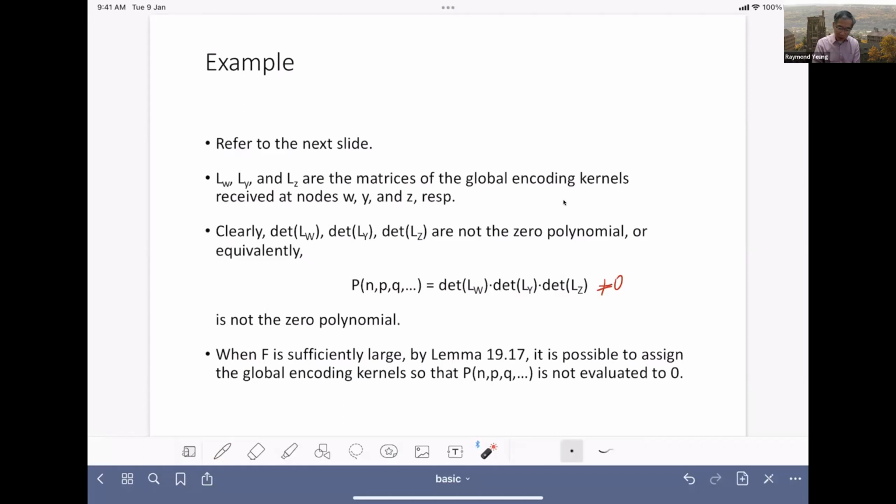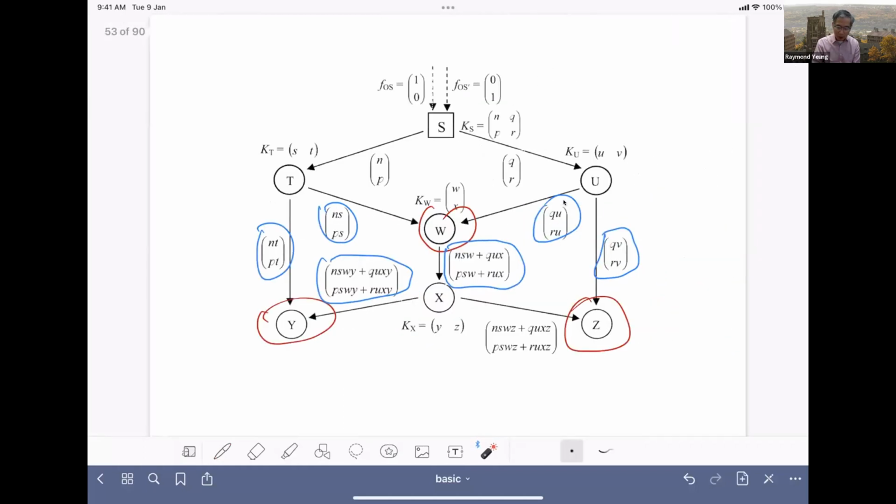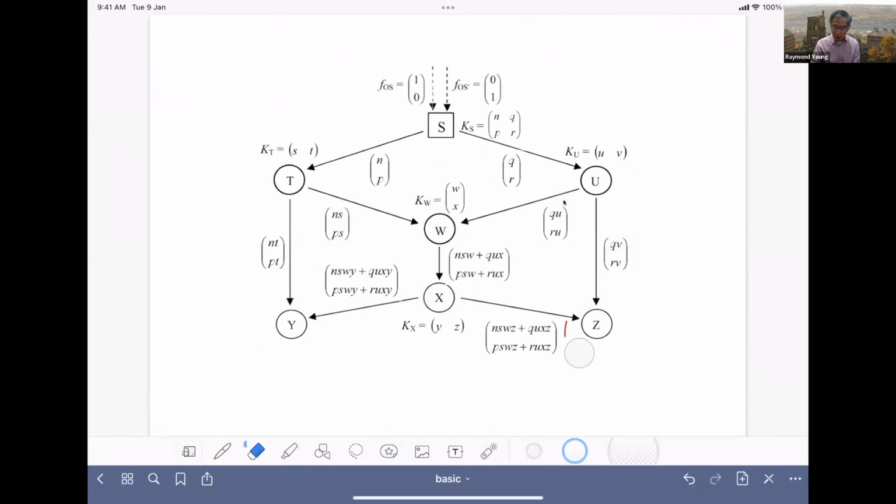Okay, so by eyeballing all these global encoding vectors, we can see right away that all the three corresponding determinants are not the zero polynomial. So in this case, it is indeed possible to construct a linear multicast on the butterfly network. Okay.